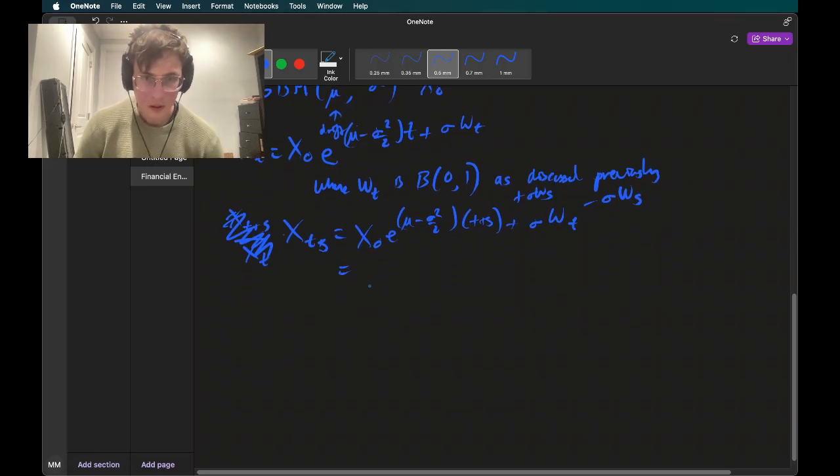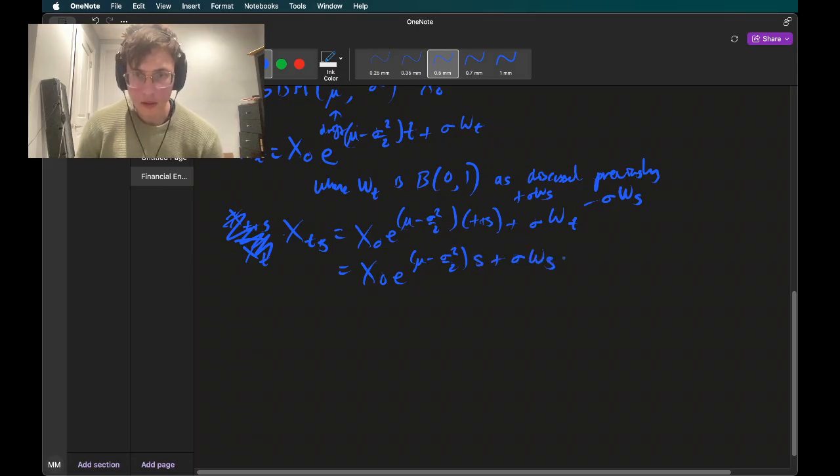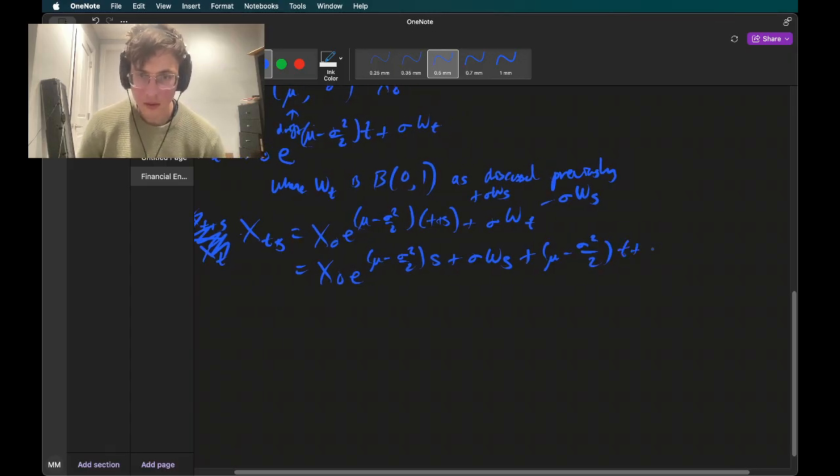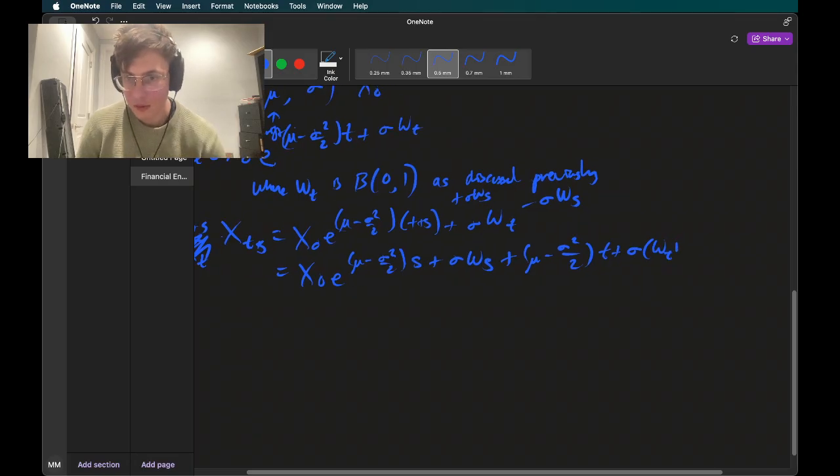So we end up with X_0 e to the (mu minus sigma squared over 2) times s plus sigma W_s, and then here plus (mu minus sigma squared over 2) times t plus sigma (W_{t+s} minus W_s).